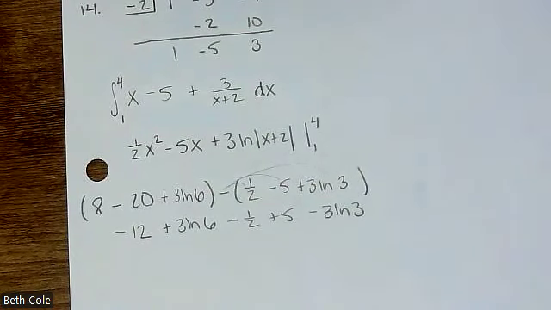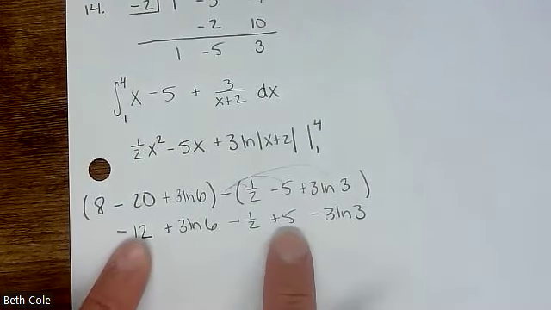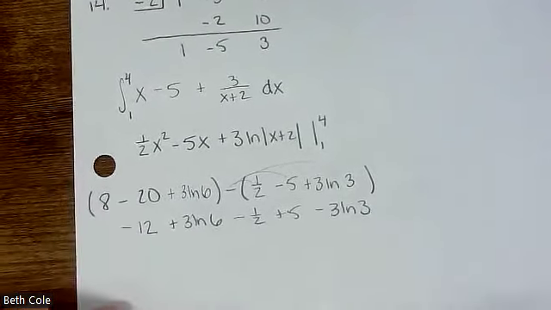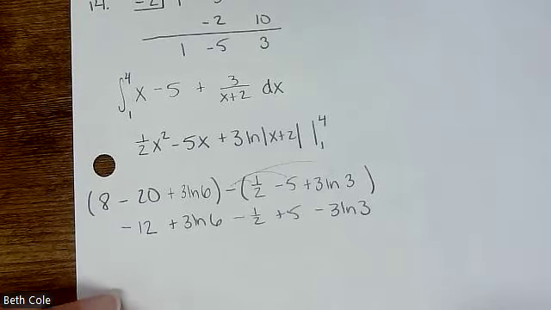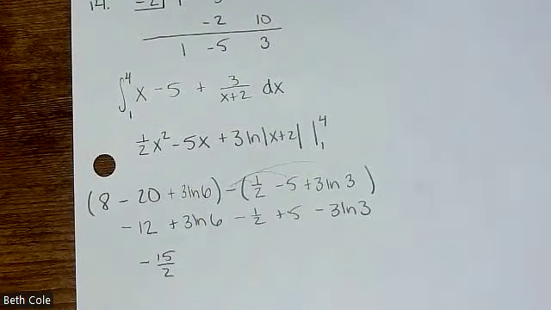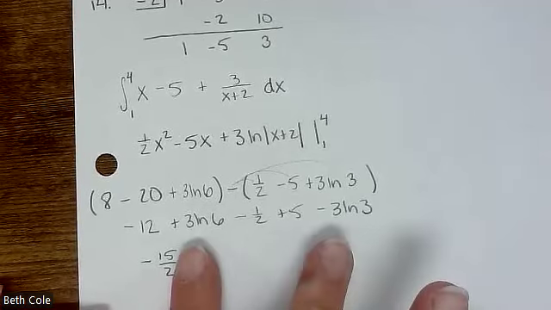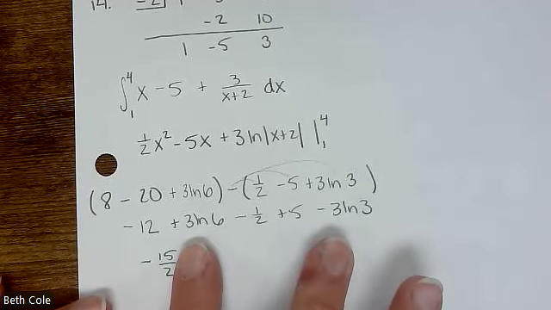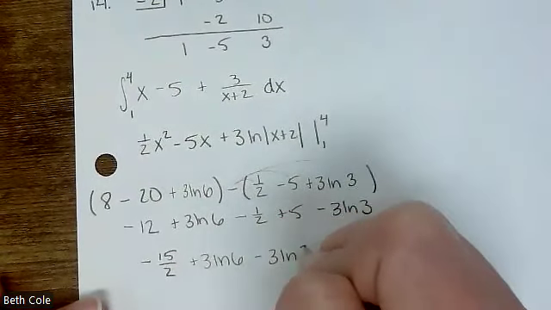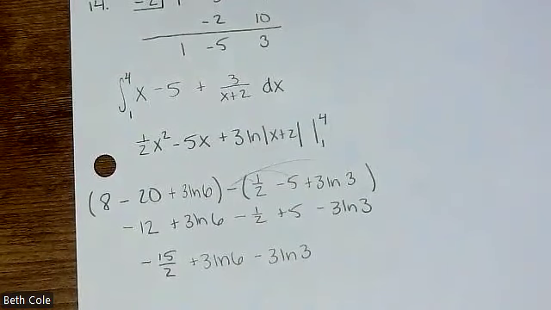And then I'll group everything together. So negative 12 plus 5 would be negative 7. Minus a half would be negative 7 and a half. What is that? Negative 15 halves. And then you've got plus 3 ln 6 minus 3 ln 3.